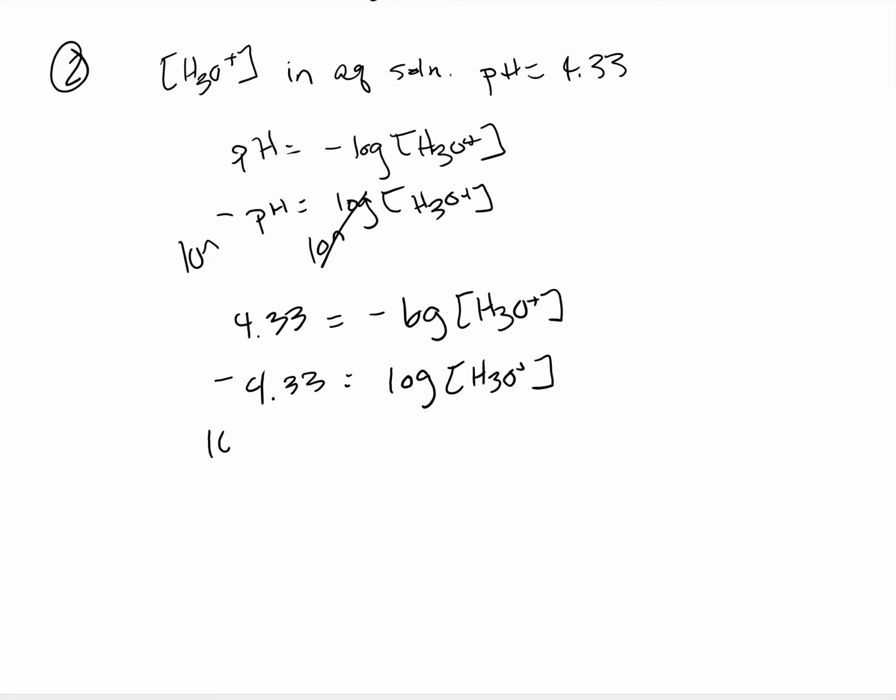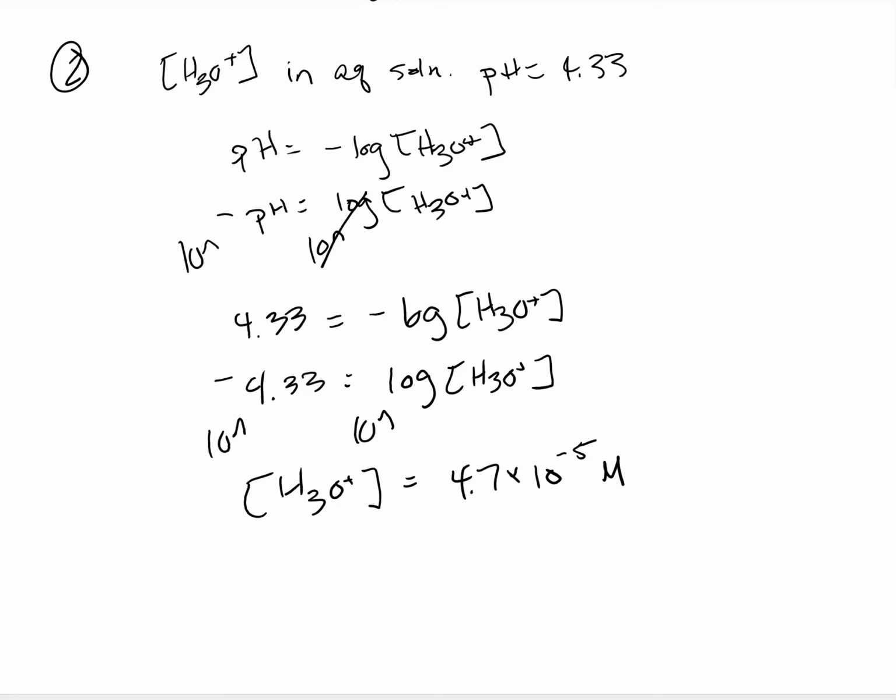And then we're going to raise both sides as an exponent, tenfold exponent, and our concentration of hydronium is going to be equal to 0.000047, or 4.7 times 10 to the -5th power moles per liter.